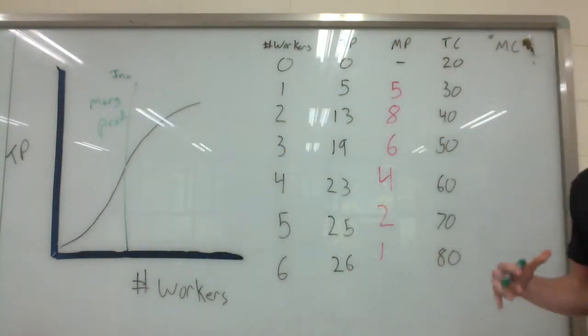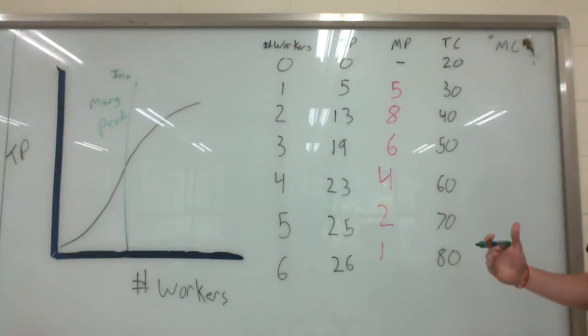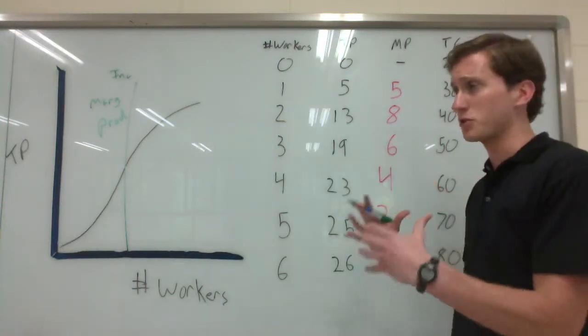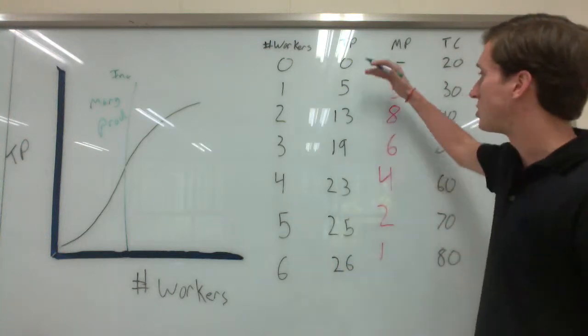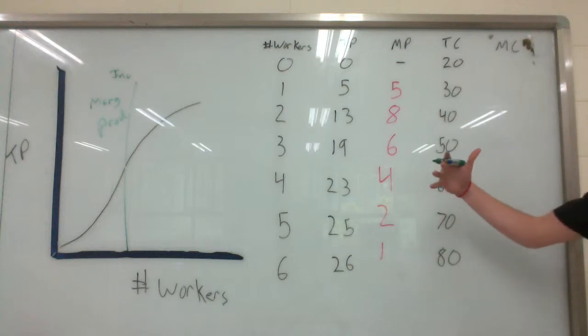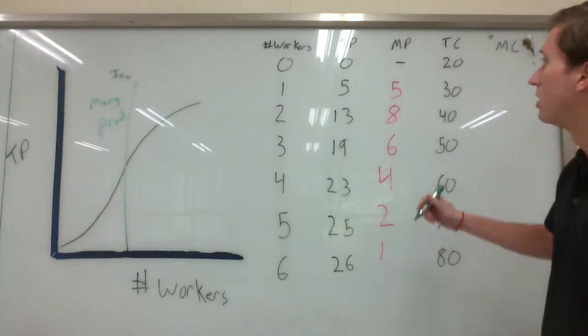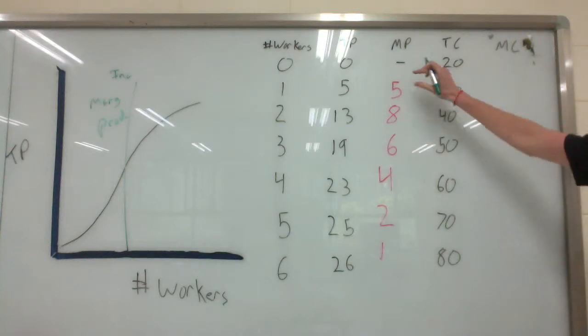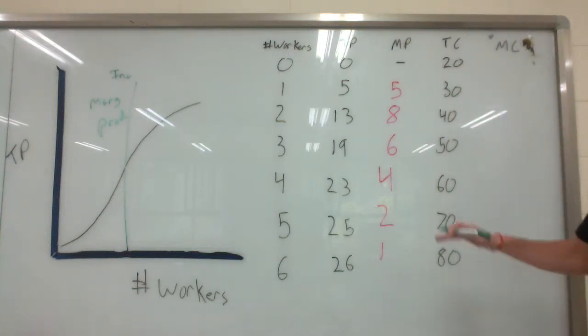With each additional worker, the workers are getting more specialized, they're using the resources more efficiently, and each additional person adds more to the total product than the person before them. So the second person adds more than the first person. There's increasing marginal product there.